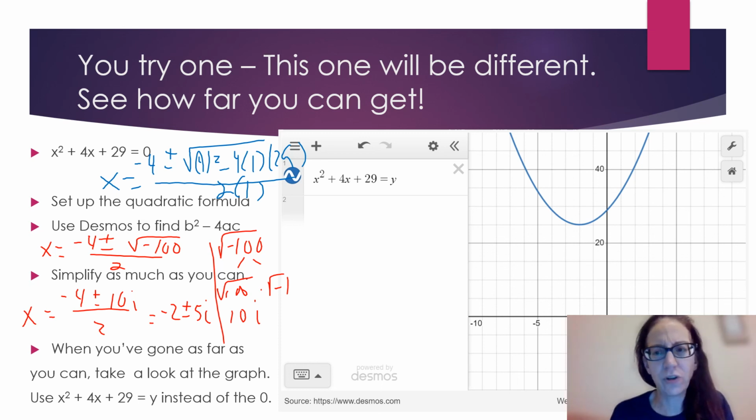Looking at that, it disappeared. When I put the equals y in there, I still should see it. Why do I not see it? I need to see more of it, and it's underneath here.